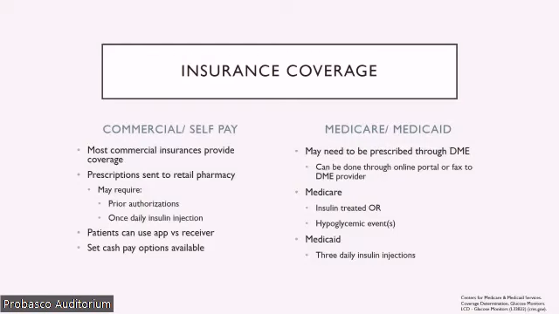And then Medicare and Medicaid, those are prescribed through a DME supplier. That can be done online, or you can fax order forms. Medicaid is still requiring 3 insulin injections per day. Medicare, just in the spring, has lessened their requirements to insulin treated. So that counts for just 1 insulin injection per day.